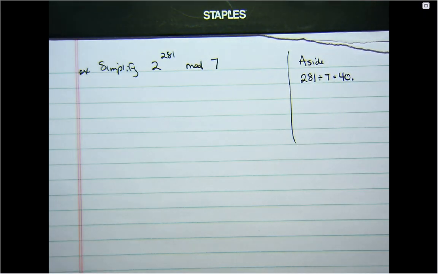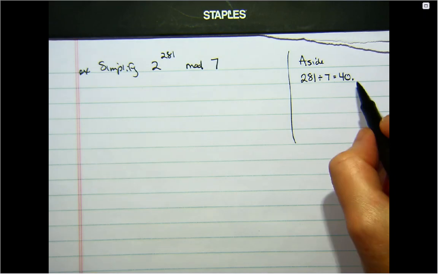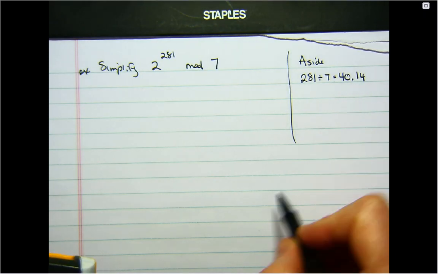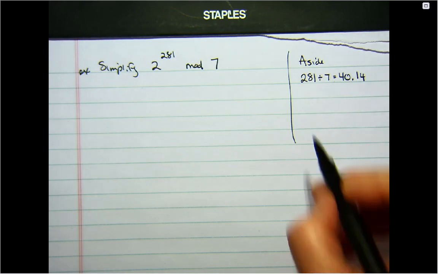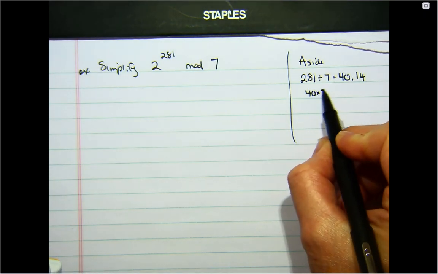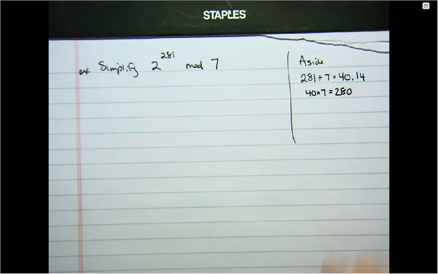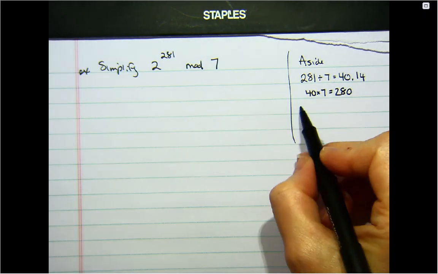If you divide 281 by 7, you have 40 point something, because 40 times 7 is 280. So when we're taking out multiples of 7, we take out 280 units altogether.